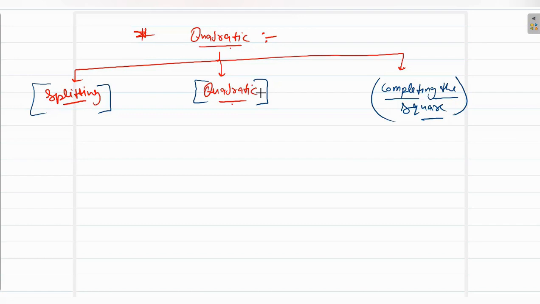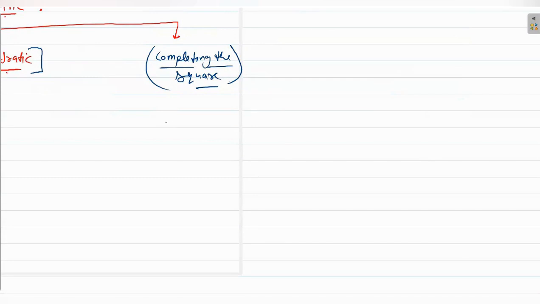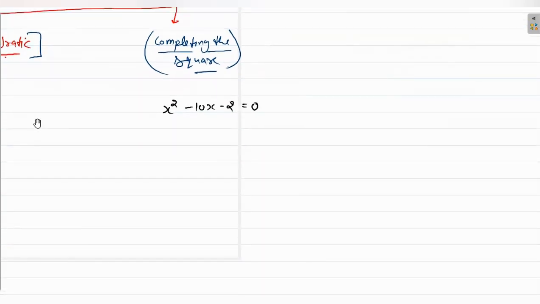If I give you a quadratic equation, we'll discuss how to solve it by the completing the square method. Let's say the quadratic equation they are providing you is x square minus 10x minus 2 is equal to 0, and we have to solve it with the completing the square method. So how can we do this? There are a few steps that we have to follow.